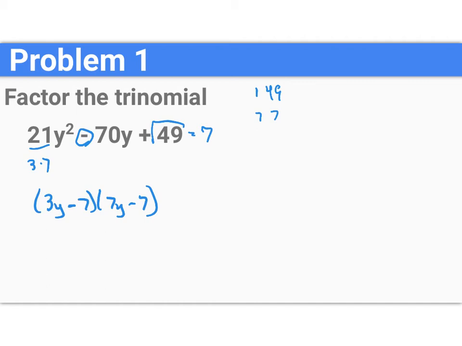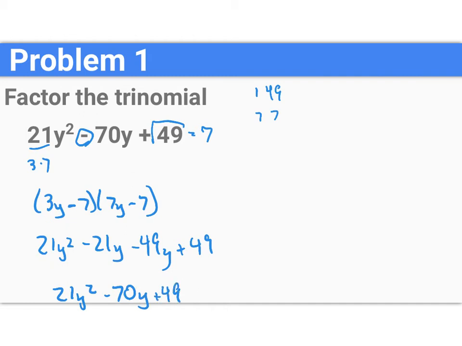So first you get 21y squared. Then the outers, minus 21y minus 49y plus 49. First, outers, inners, last. Okay, that works. 21 and 49 make 70. Oh, look at this, people. We got lucky on the first try.